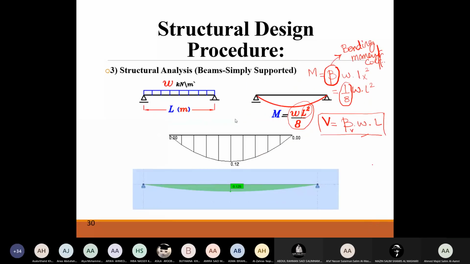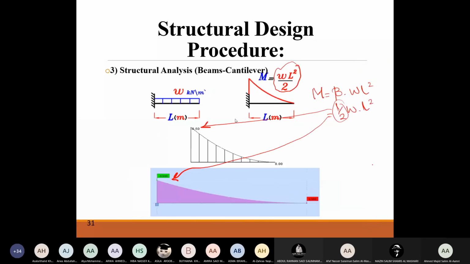Did I explain these things? I said that the coefficient is 0.5 or half. I did, right? Very good.